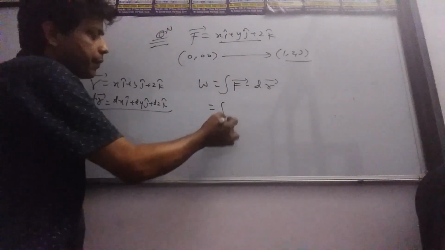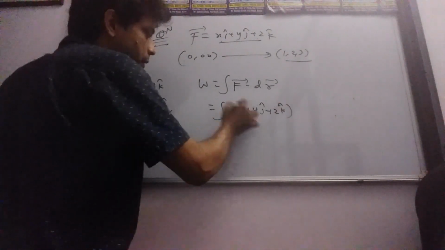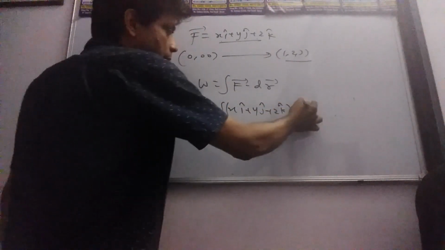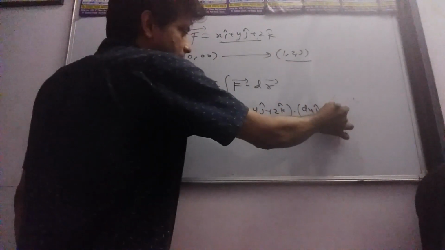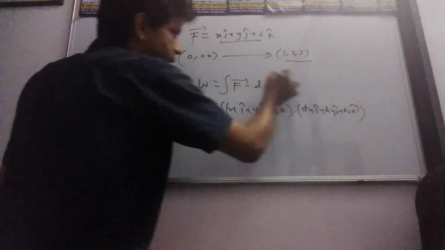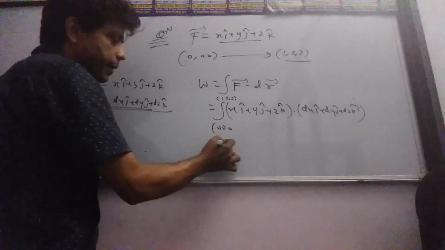Now F is xi cap, yj cap, zk cap, right? And what is dr? dx i cap, dy j cap, dz k cap. And what about the limit here? 0, 0, 0 to 1, 2, 3. Okay.